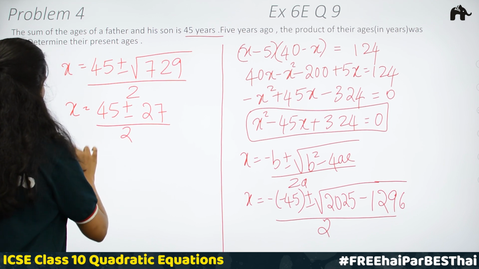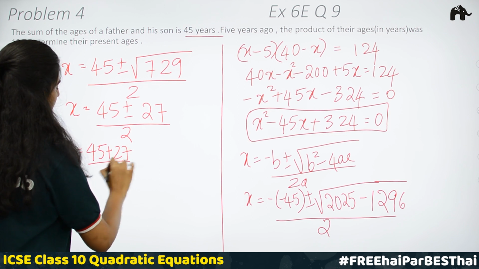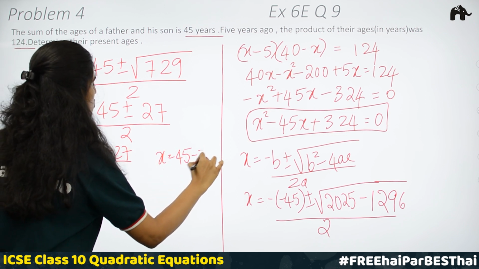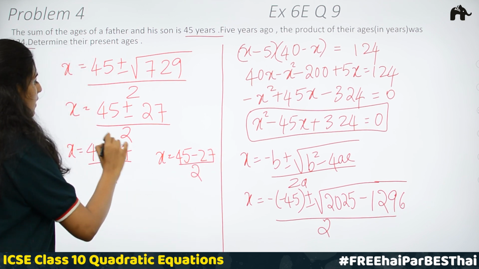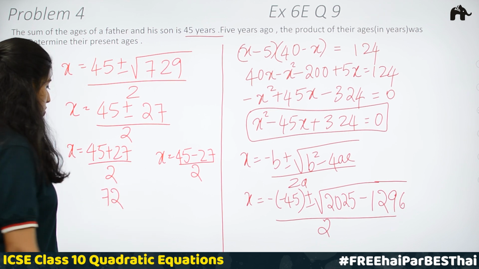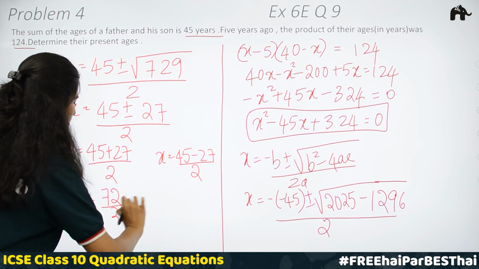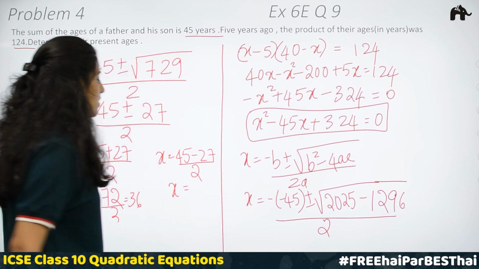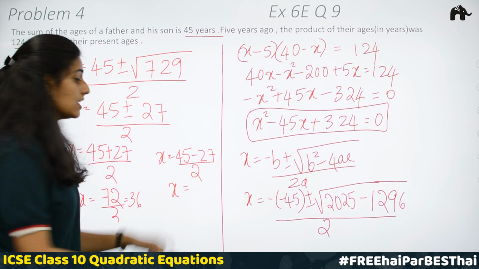Now, x is equal to 45 plus 27 divided by 2, or x is equal to 45 minus 27 divided by 2. 45 plus 27, that is 72, divided by 2. x is equal to 72 divided by 2, which is 36, or x is equal to 45 minus 27, which is 18. 18 by 2 is 9.